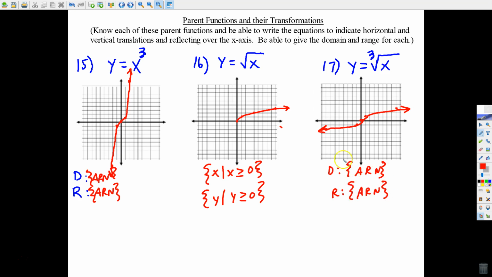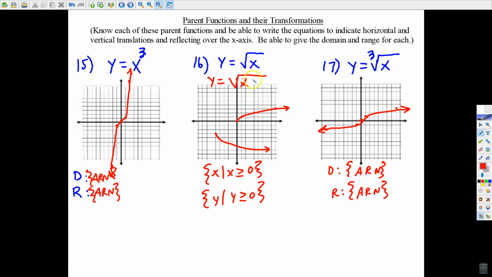And so once again, let me just give you a for instance here. You could see something like this on your exam, where I tell you that this represents the parent that has been translated and reflected. So what is that equation? Okay, so you've moved 1, 2, 3, 4, 5 to the left.